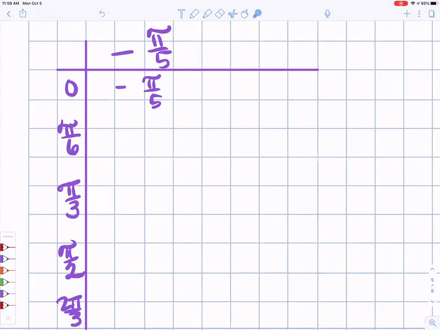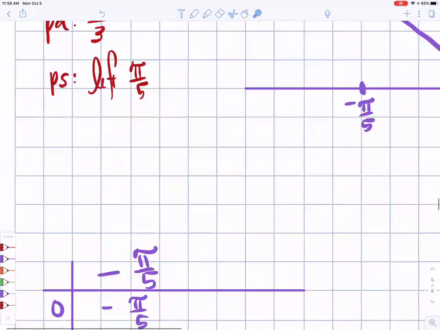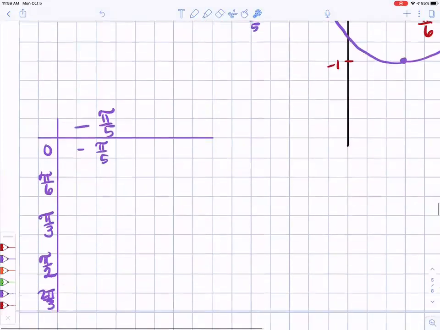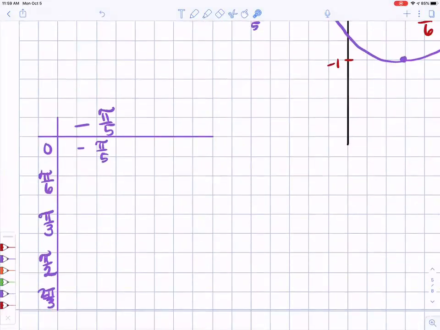Say it again. Is it? I didn't get 1 over 30. Okay, I didn't get pi over 30. I got negative 1/30, right? Because it's a 1/6 minus a 1/5, and so it's a smaller number minus a larger number. Okay, so negative pi over 30.